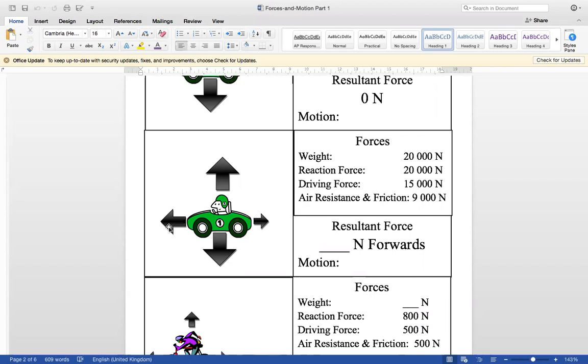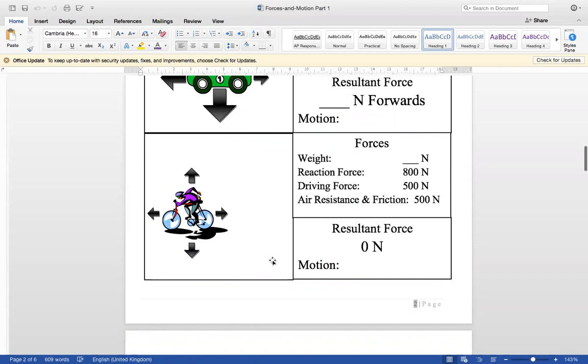The left and right forces are unbalanced. The driving force, which is the thrust here, is 15,000. Air resistance and friction is 9,000. So what will the resultant force be? 6,000. So the motion is accelerating. Okay, moving forward, acceleration.